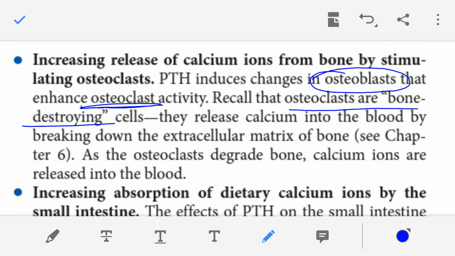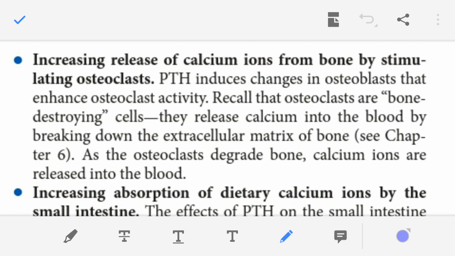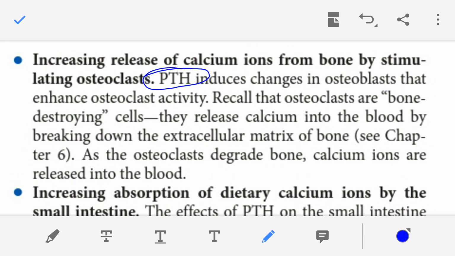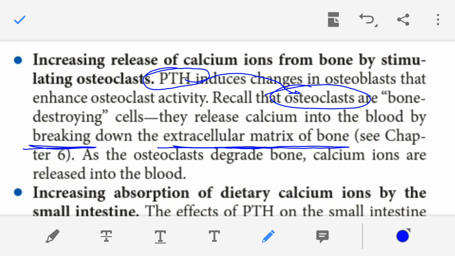And when we say osteoclasts are bone destroying or bone breaking cells, that means the PTH is acting on osteoclast, and osteoclasts are breaking the extracellular matrix of bone, and from this broken extracellular matrix of bone, calcium ions are released in the blood.